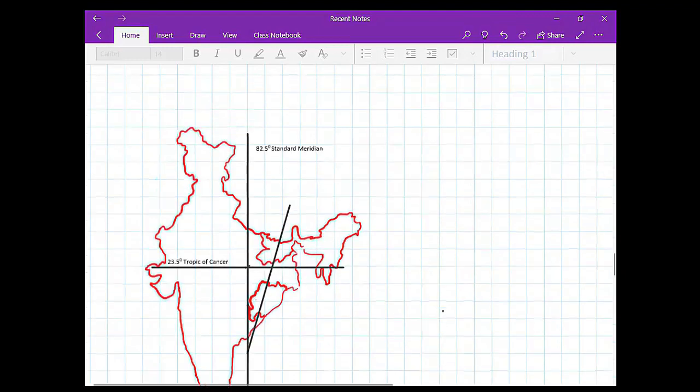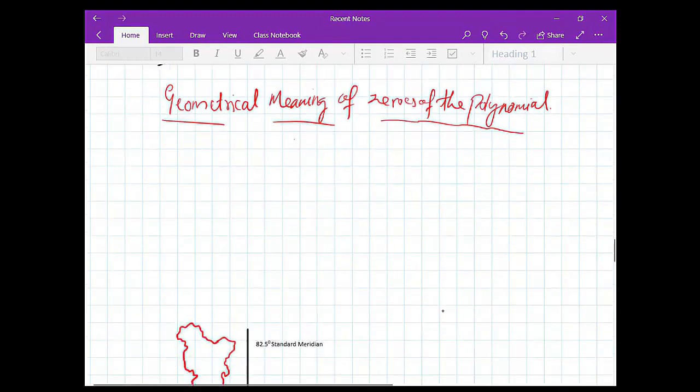Yes. In last classes, we have discussed how we represent a polynomial, linear polynomial, quadratic polynomial, cubic polynomial, the degree of the polynomial, and how many roots they have.